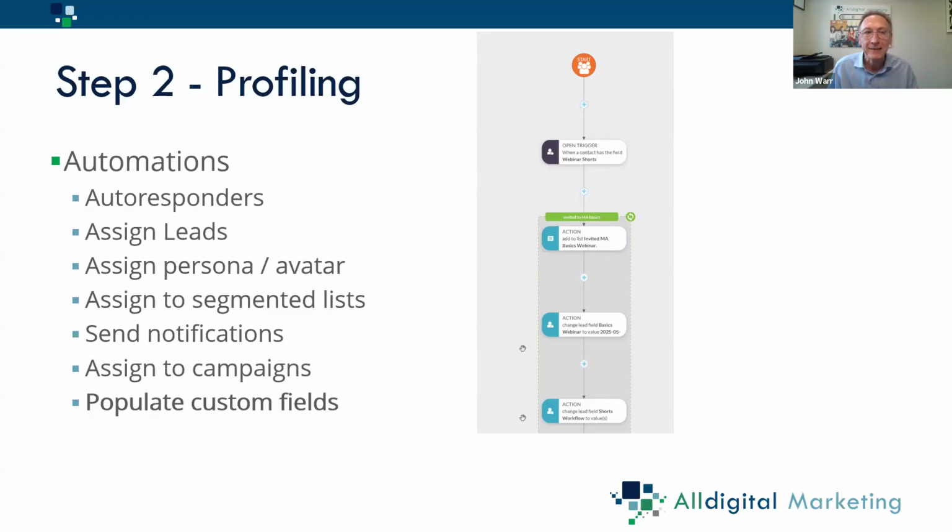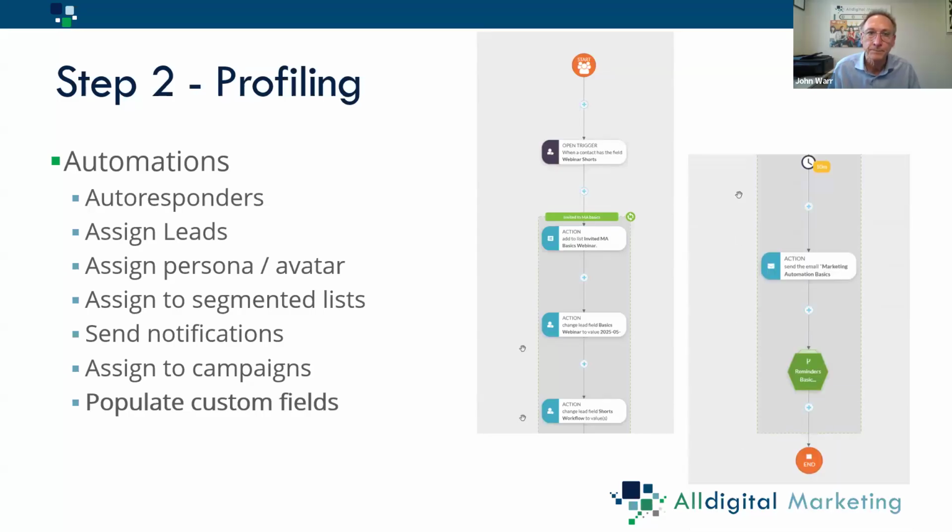You then need to assign the lead to somebody so they actually take it on and do something with it. You need to try and assign what kind of buyer they are. Can we work out from what they've completed at this stage who that persona belongs to? Can you assign them to a segmented list? Can you send them notifications? Can you assign them to a campaign? What you start doing is building a profile. And the key one here is populating custom fields. We'll talk about that in a bit.